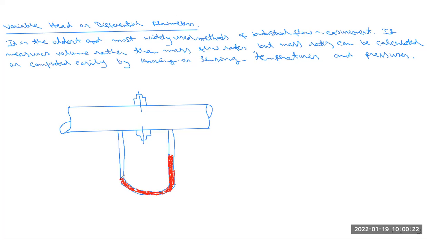So this is basically called the U-tube manometer, which we use in our variable head or differential flow meter type. It is filled by the different process parameter.